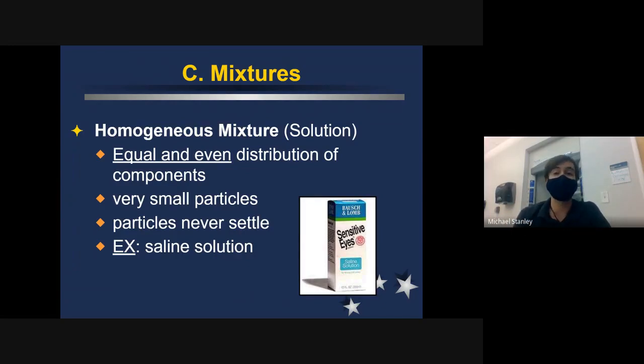Every single eye drop should give me the exact same proportion of medicine and water, because all of the parts of this eye drop are equally and evenly distributed. You have the same amount of each type of particle all throughout the little eye drop bottle.